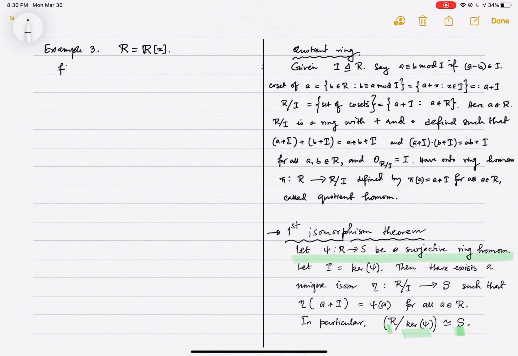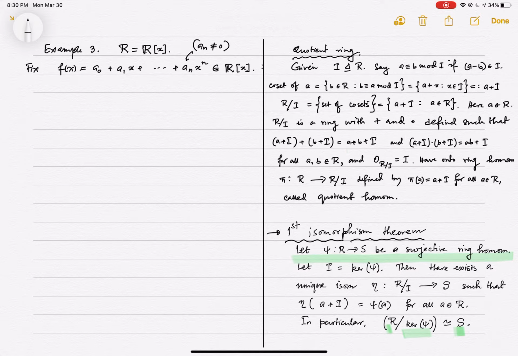And let's fix a polynomial f of degree n. So it looks like a0 plus a1 x plus etc. plus an x to the n. This last coefficient is non-zero. So that's a degree n polynomial with real coefficients, let's say.